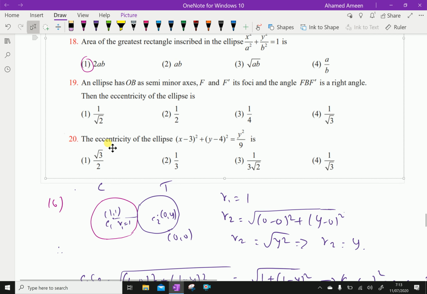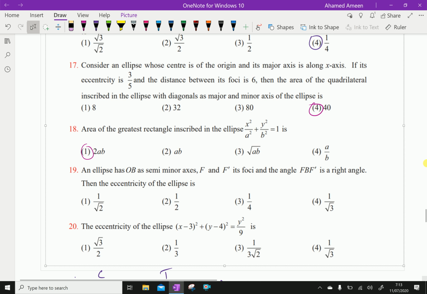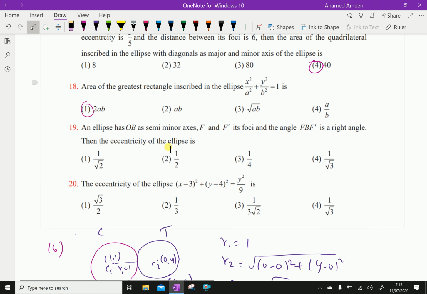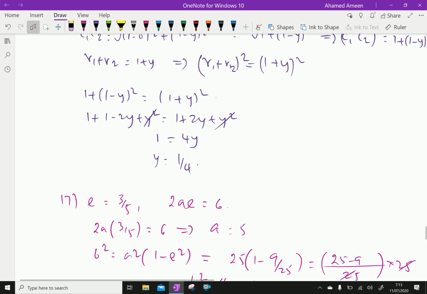Then question number 19. An ellipse has OB as semi-minor axis, that is B, and F dash its foci, and the angle FBF dash is a right angle. Then the eccentricity. Here look at this question number 19.